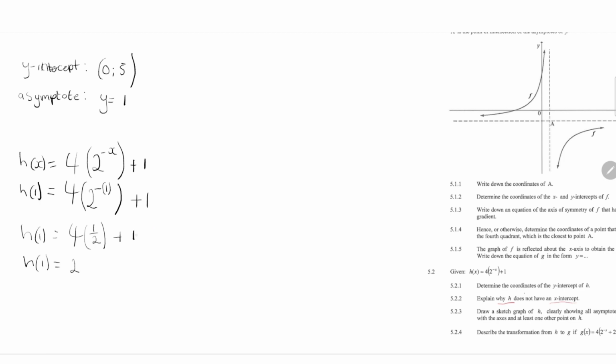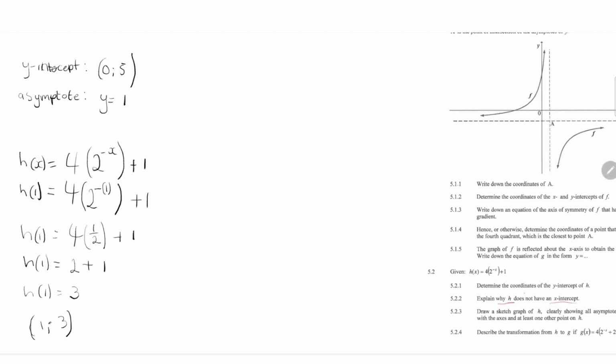Oh, we forgot the 1 here. So we have to bring down that 1. So h of 1 is equal to 3. So this point, which is on graph of h, will be (1, 3).